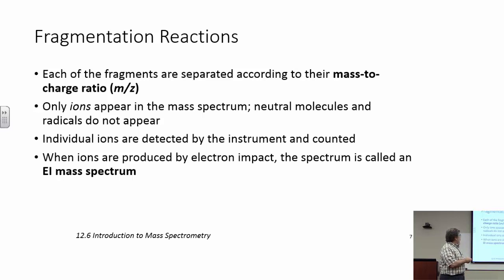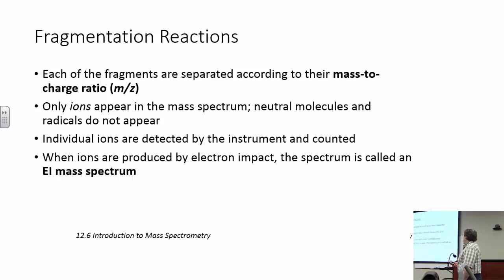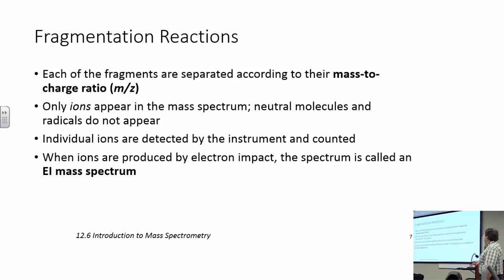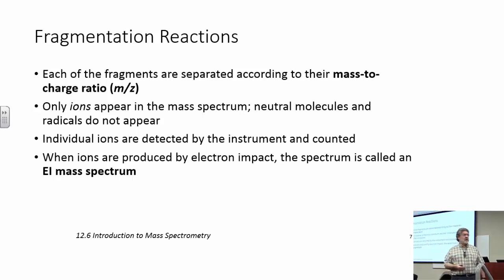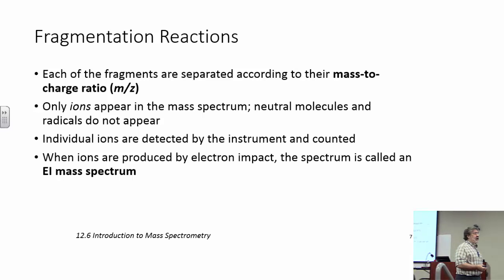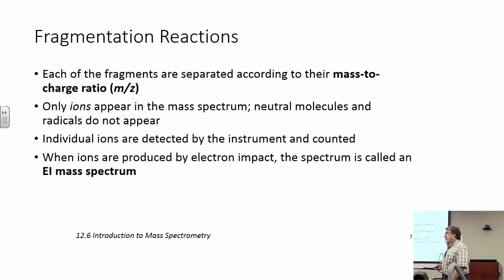As I said, only ions appear; neutral molecules and radicals don't appear in the data set that comes out of a mass spectrometer. Individual, and that's an important issue, individual ions detected. This is the one where individual molecules, ions, etc. are actually seen. Everything else, it's the ensemble. It's the mixture. It's a lot of molecules that are seen by the instrument.